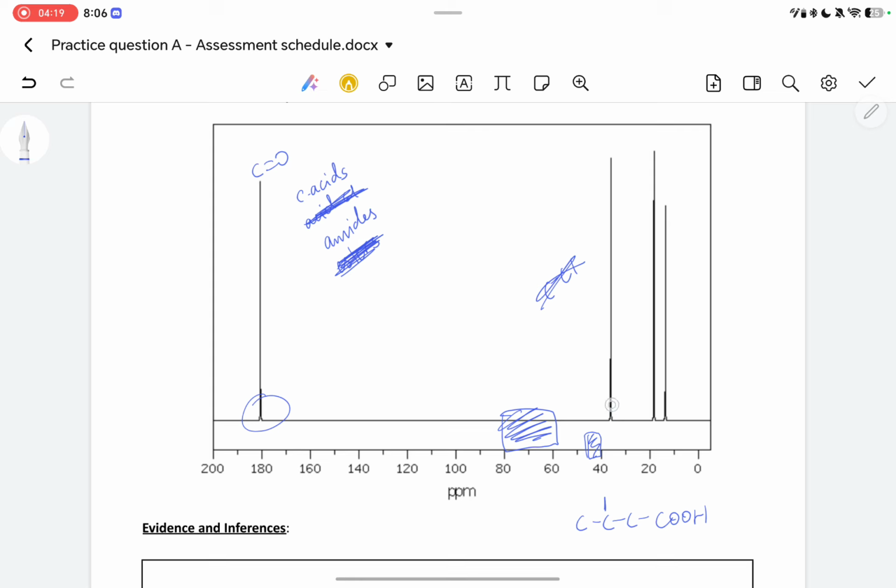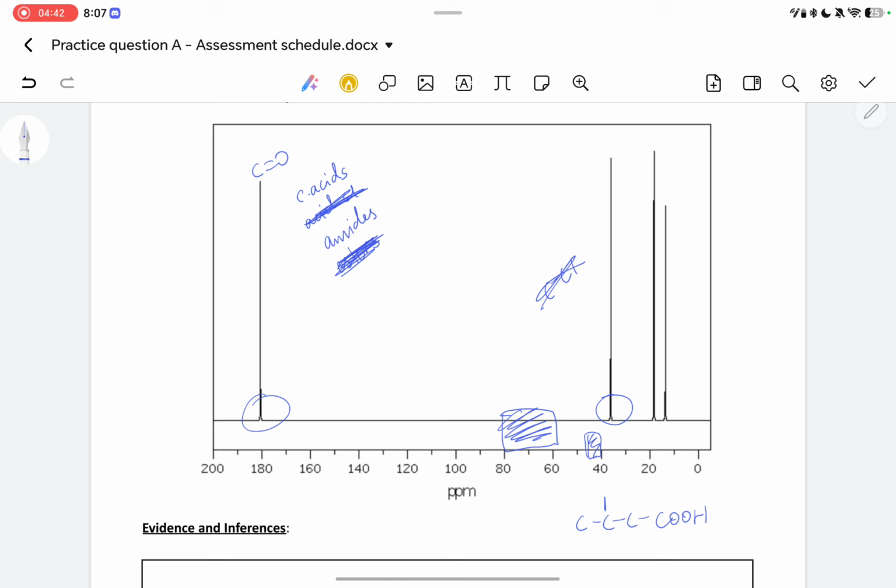Because there is a peak between 30 to 40, or more like between 35 and 40, we cannot rule out a C-N bond. So I can't think of a way that we can rule out amides.